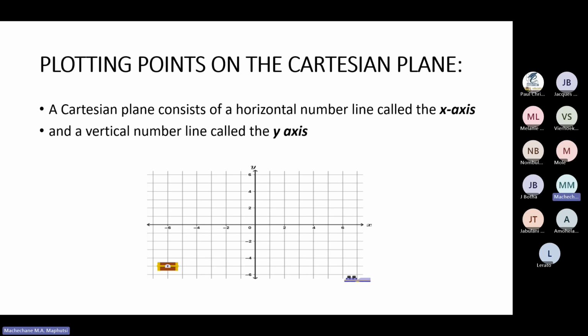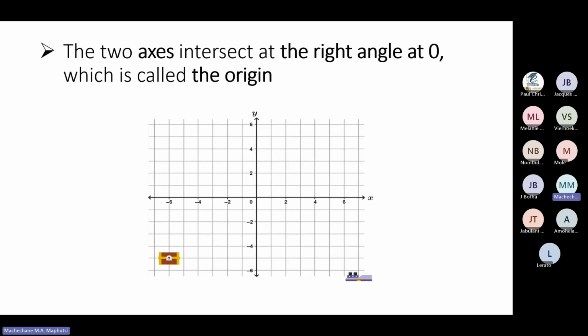That vertical number line, we call it the y-axis. So as you can see on your Cartesian plane, the axes divide the Cartesian plane into quadrants.